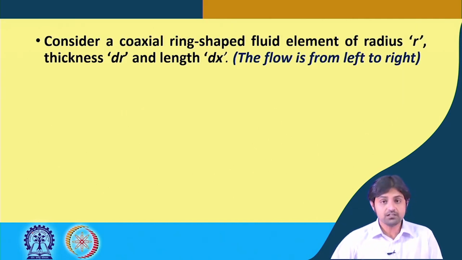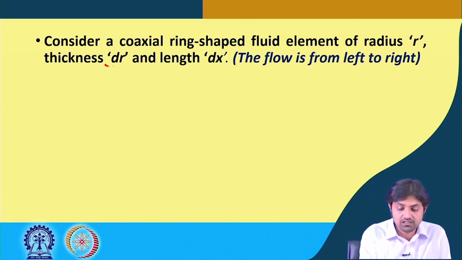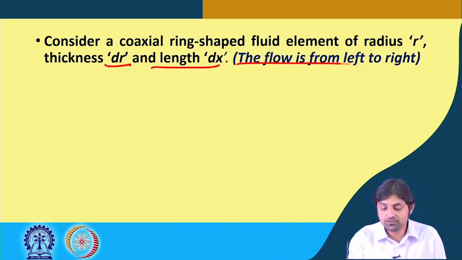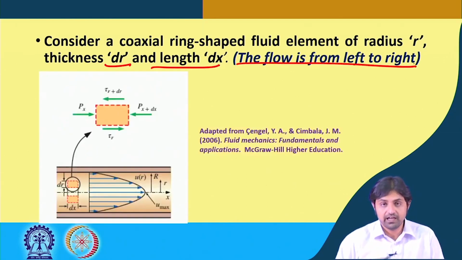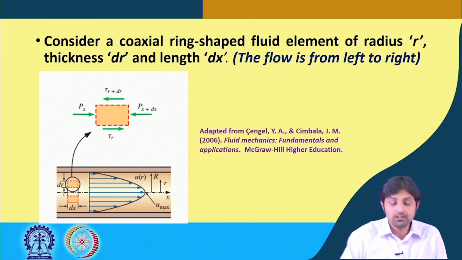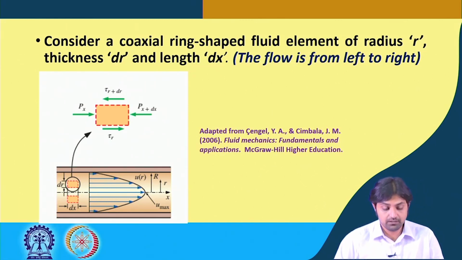Now, after going through the assumptions, we will consider a coaxial ring shaped fluid element of radius r, whose thickness is dr and length is dx, and the flow is from left to right. As I said, the best way to describe a problem is to draw it.